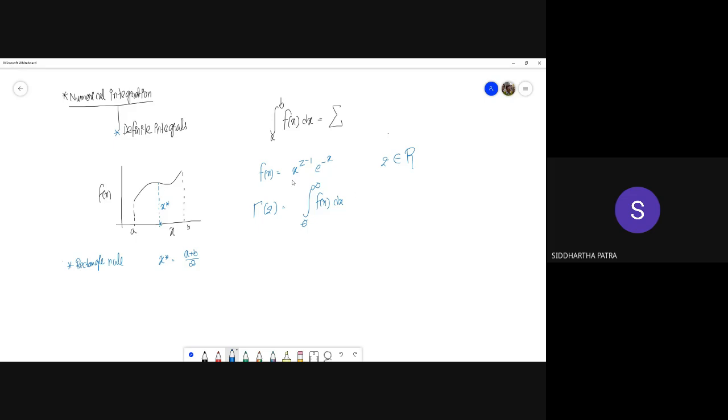Here we are trying to do an integration that seems implausible with an analytical method or a direct method, where we are trying to get a closed form, generalized expression for the integration. That seems impossible. But it is always possible to evaluate that function at a given x value.